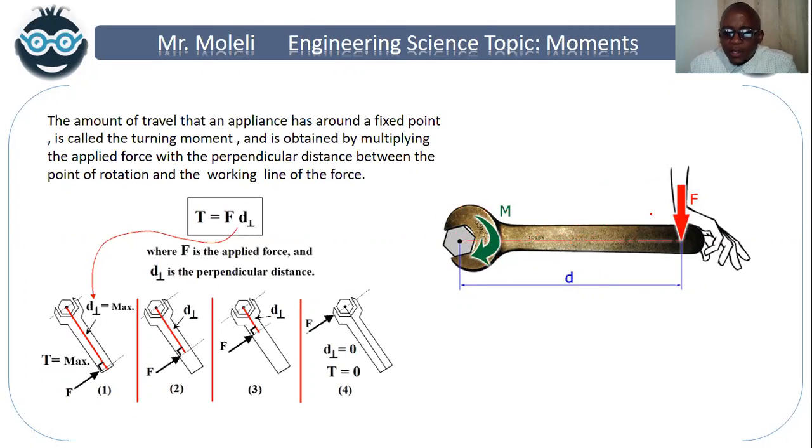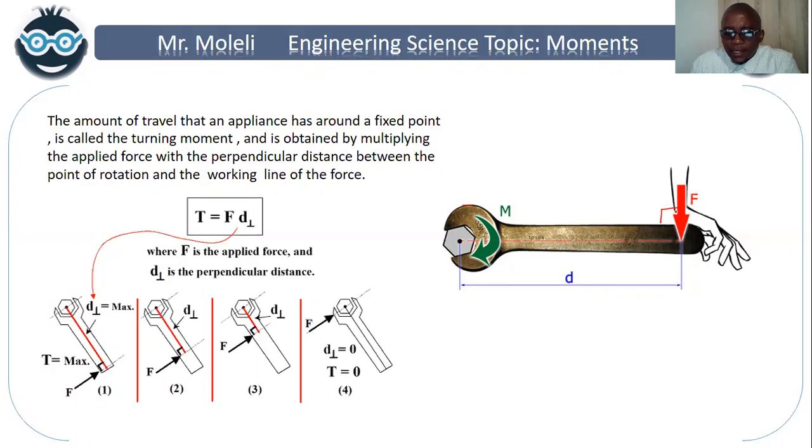Now the reason why I'm saying perpendicular is because this force here is making 90 degrees with the horizontal line. And we say moment is followed by perpendicular distance, the distance from the point of action to your turning point, right?